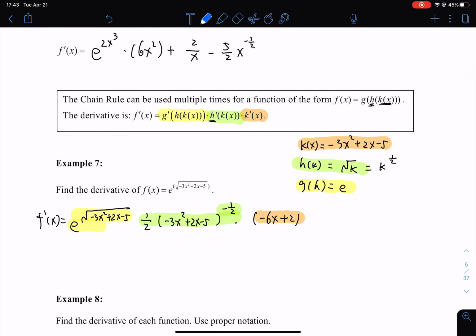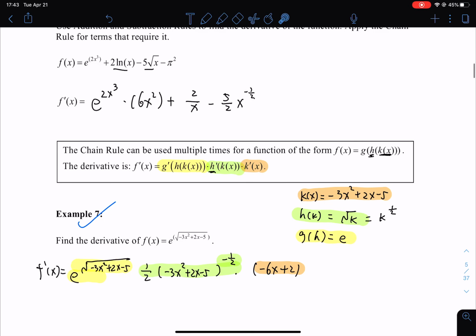Then example 7. Make sure you know how to solve example 7. Example 7 is more complicated than the last example I showed you. This one is a function composition of 3 functions: g of h of k of x. For this one, the inside function we call k of x.